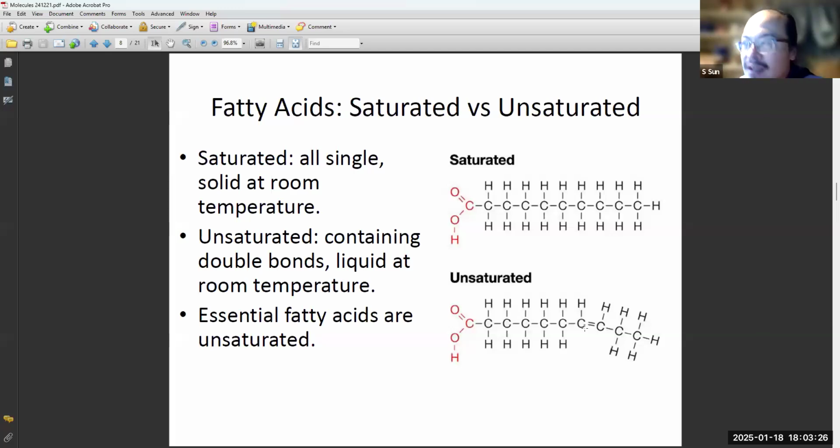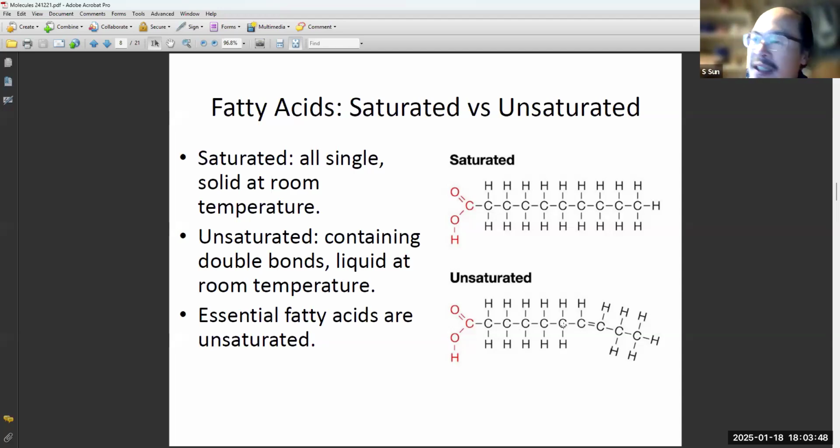Generally speaking, people suggest unsaturated fat more than saturated fat. It's more preferred according to our current understanding of these fatty acids.